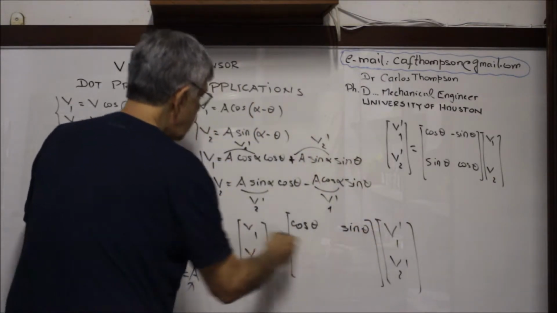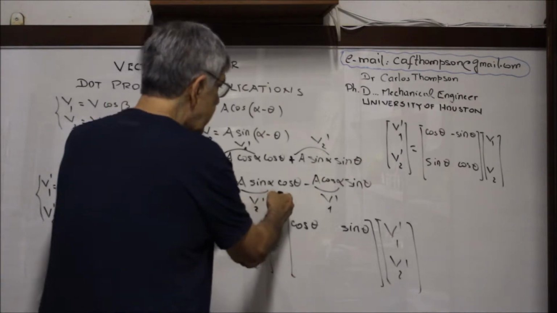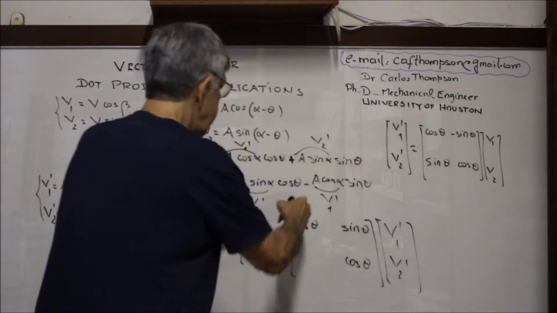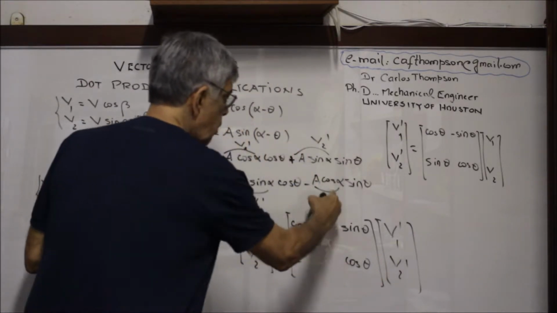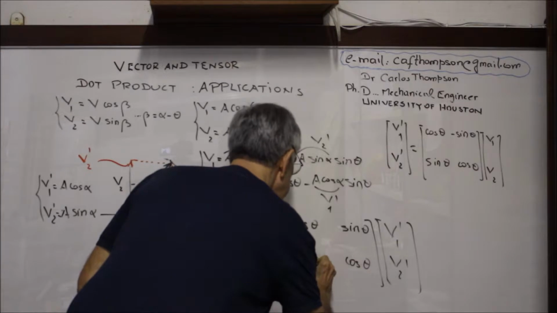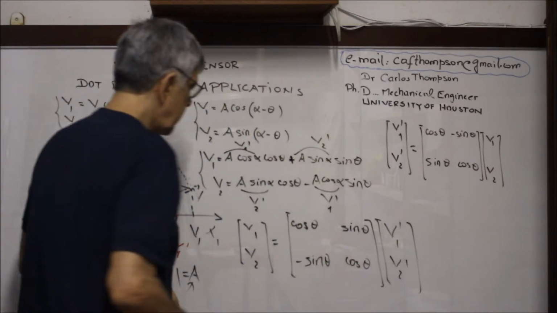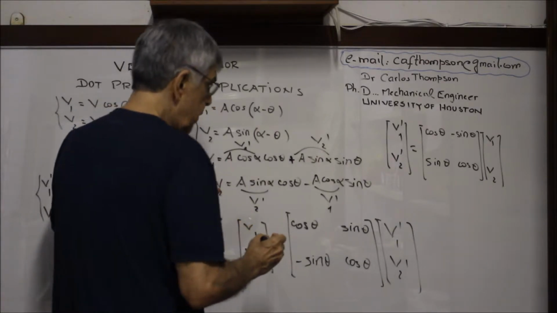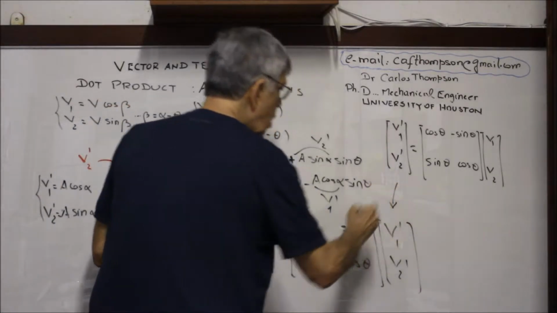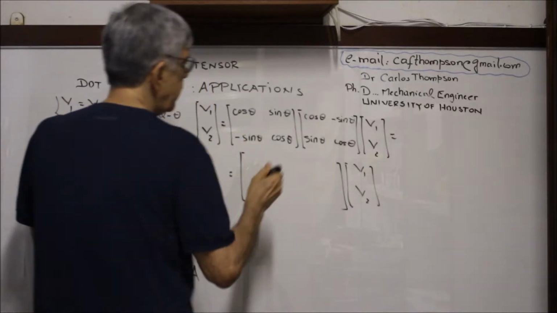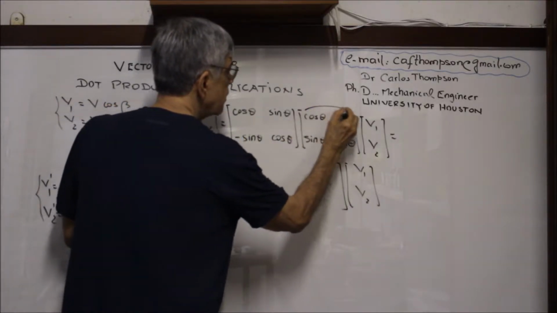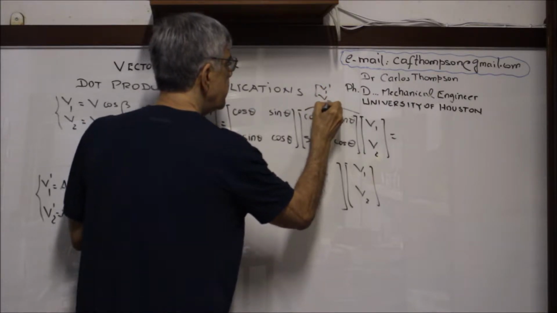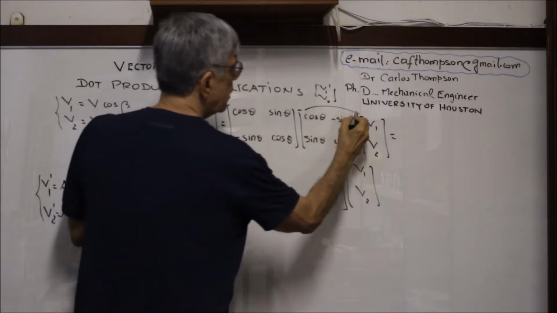Now, the second row, this is V2 prime cosine, then I put here cosine. And this is minus, this is V1 prime minus sine of theta. Now, let's substitute this column here, V1 prime and V2 prime.